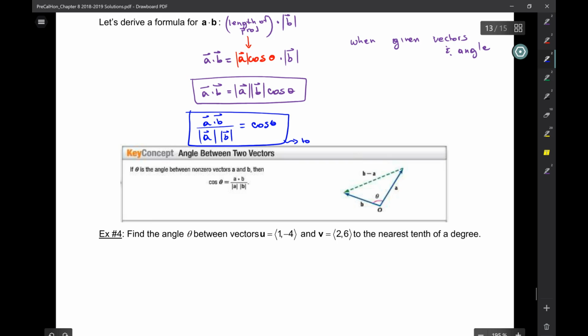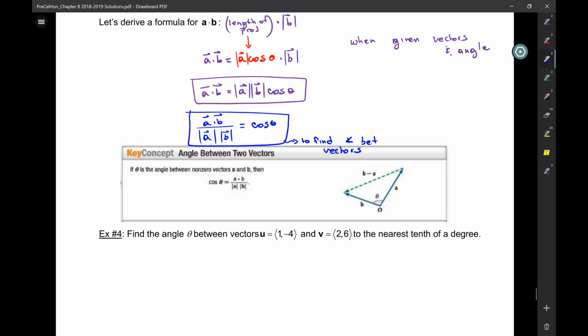So this is to find the angle between vectors. And just like we said, it is a cosine. We already figured out that it was cosine because we knew it would be 0 when they're perpendicular or orthogonal, and maximum when the angle is 0.